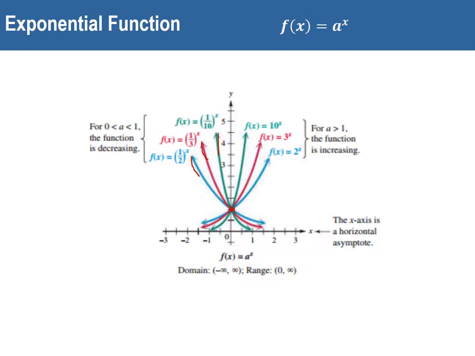They all go through (0, 1), and then they all come down to the horizontal asymptote. If a is greater than 1, then f of x is 10 to the x, 3 to the x, and 2 to the x. Do you see the similarity between 1/10 to the x and 10 to the x? Be able to discuss in class what that relationship is.